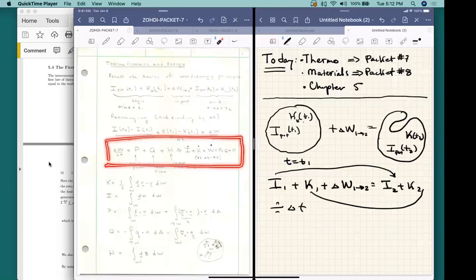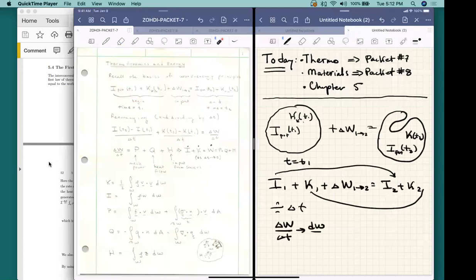We get what is sometimes referred to as the power equation. And this power equation basically states that if I take delta W divided by delta t, and then the limit becomes dW/dt, this is equal to the summation of all the things that are introducing power into the system. Of course, the time derivative of the work with respect to time is the power.